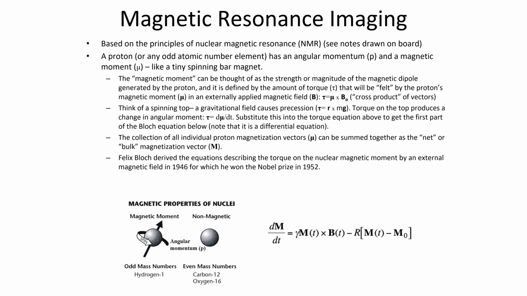And it is defined by the amount of torque, tau, that will be felt by the proton's magnetic moment, mu, in an externally applied magnetic field, which we typically call B. So the formula here is that torque equals mu cross product B. This is not just a simple multiplication problem. I'll show you in a minute.